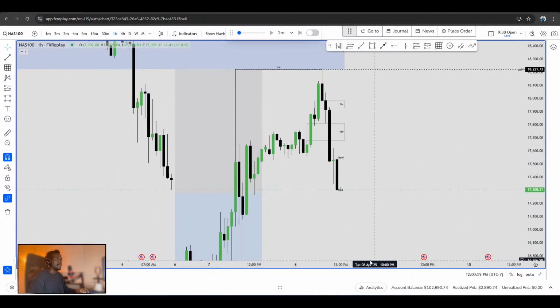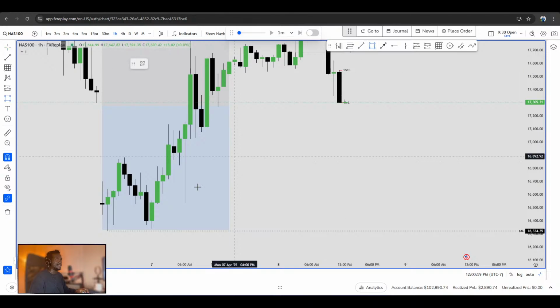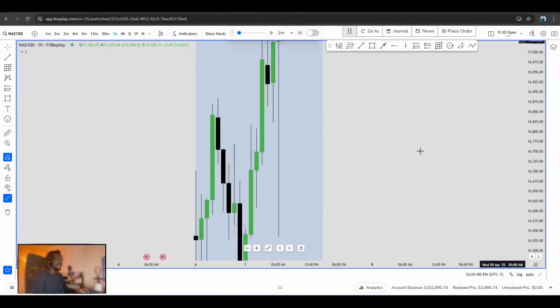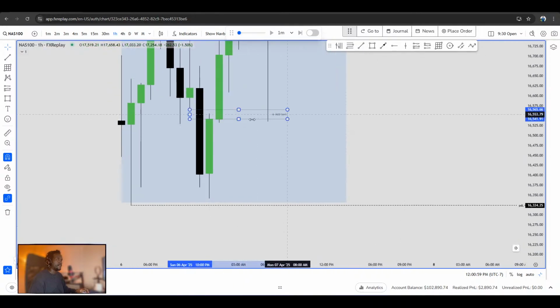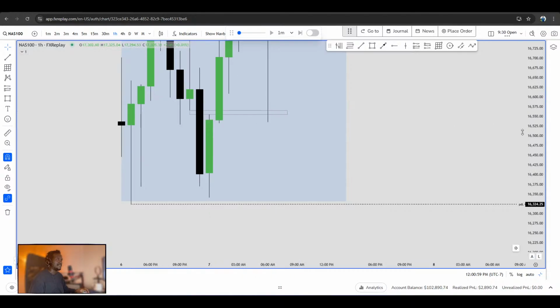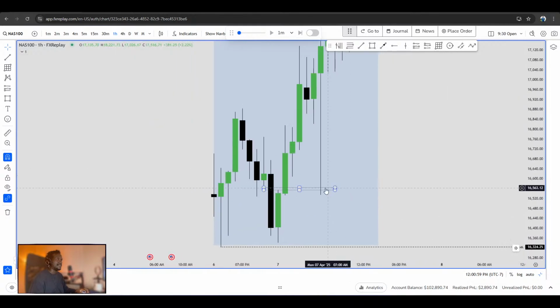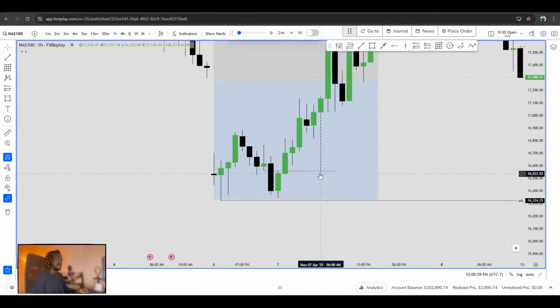Look at this BPR here. Oof. This seems to be like a strong thing, man. Ooh-wee. Venom. I don't really think that's venom, but we do come in it. And then we just shoot from there. What time was this? 6 a.m. in the morning.